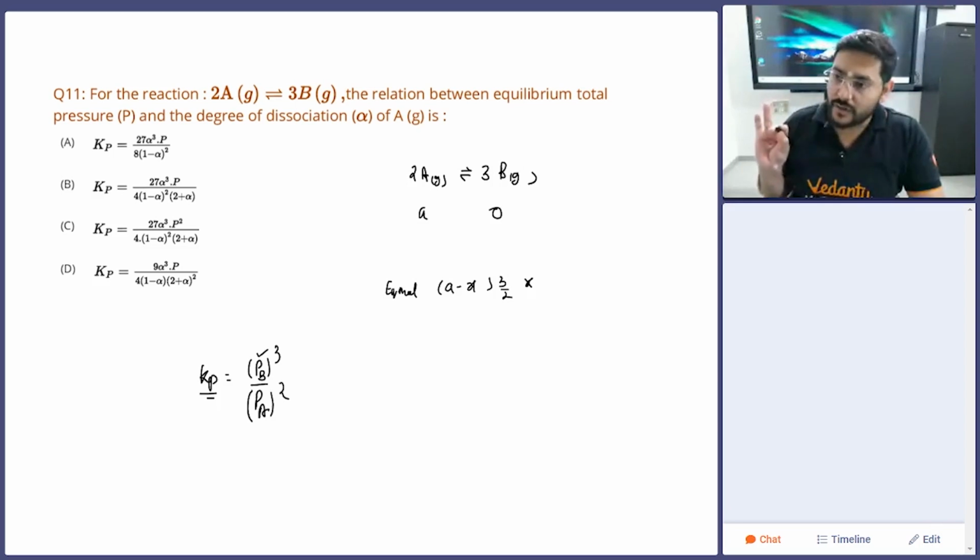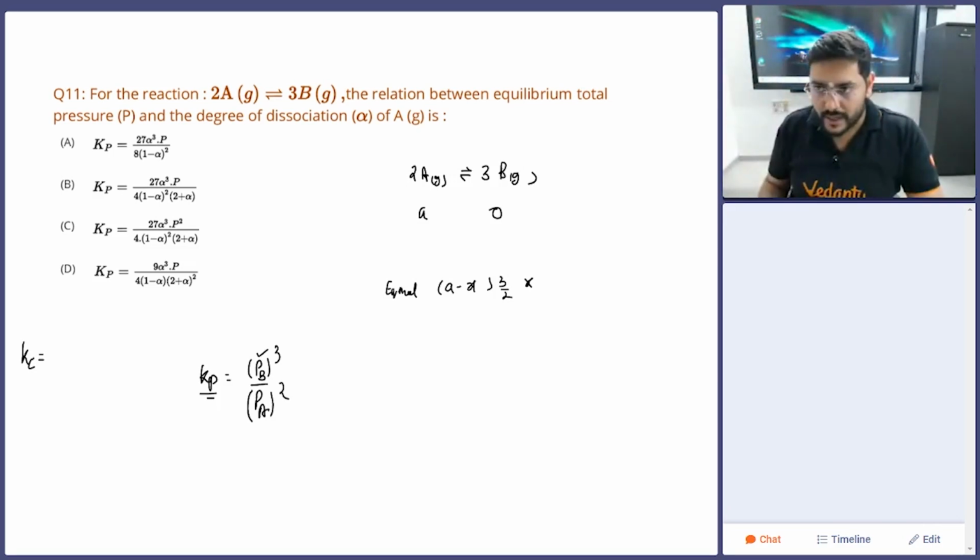In Kc we say product concentration raised to the power of stoichiometric coefficient upon reactant concentration raised to the power of stoichiometric coefficient. Is this part clear? So here we are talking about Kp.